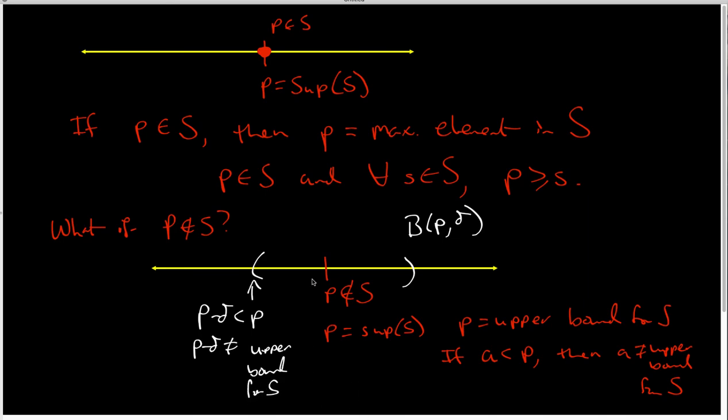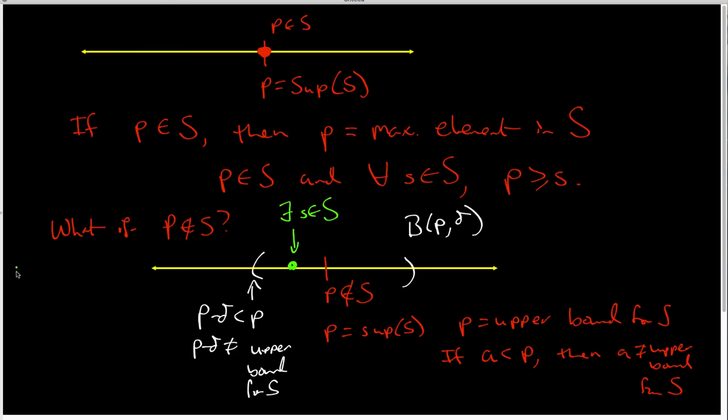So what does that mean? That means there has to be an s inside S in this area here, between the end of the delta ball and P, because P is not actually equal to s. So what does this say?